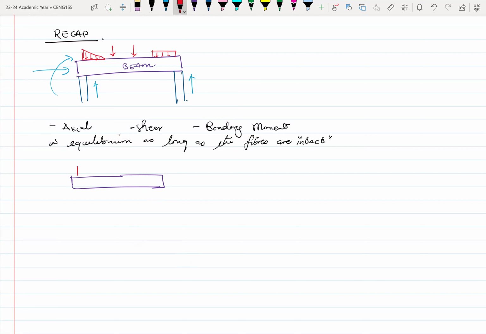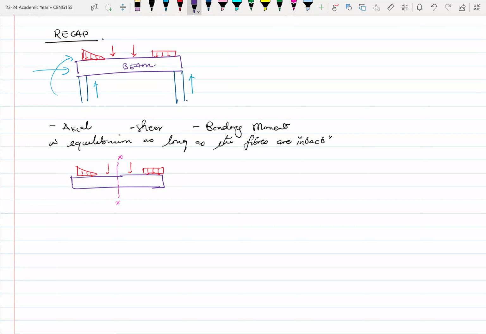So let's say, let me take this color away. Let me still have the loads as I had them earlier. Let me still have these loads acting on it. All right, just so that we work with some form of uniformity. Let's say I cut the beam into two. All right, which means that I have separated the beam into two parts. It's like just try to take a knife and then cut the, or maybe a saw and then cut the timber or the wood into two pieces, right?